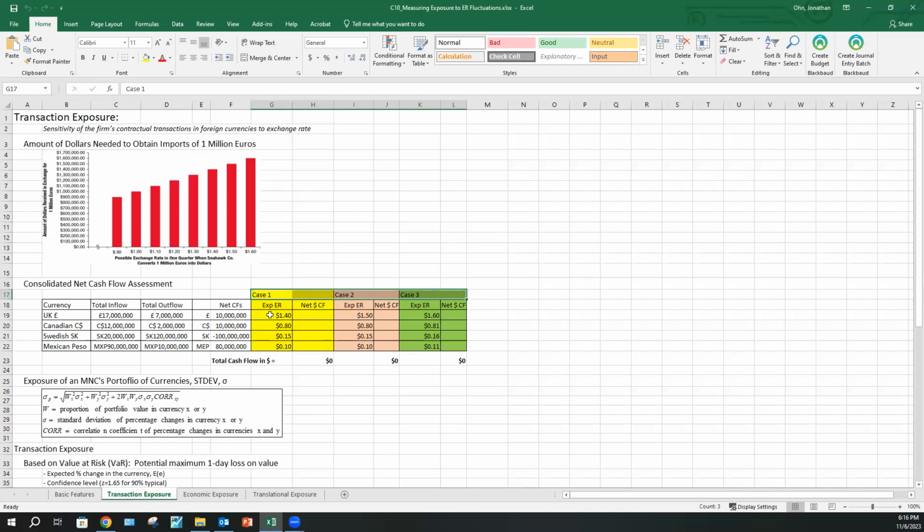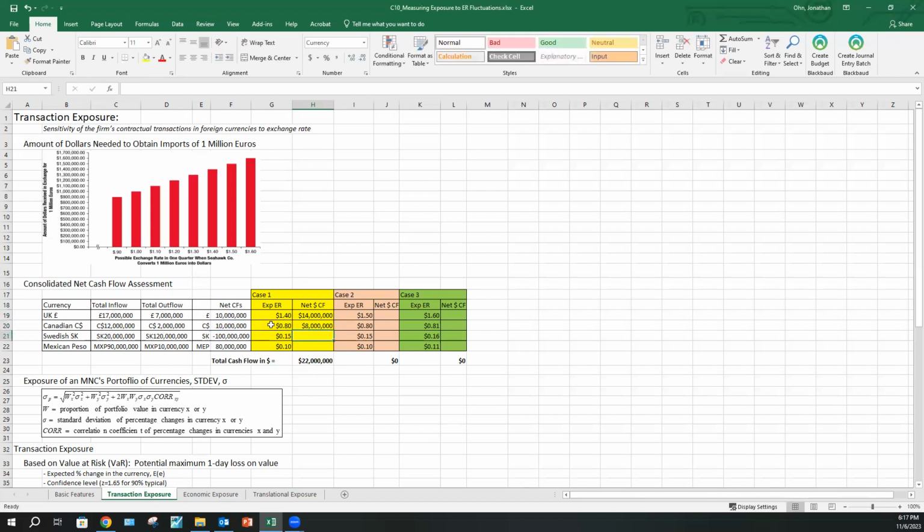Now given this projected exchange rate for case 1, let's convert all these cash flows into US dollars. How do you do that? It's simple. It's net cash flow in UK pound times this projected exchange rate, so that's $14 million. Canadian dollar, 10 million times the proposed exchange rate of 80 cents.